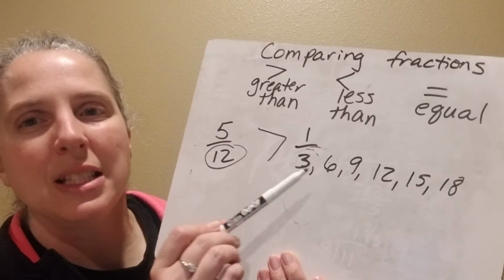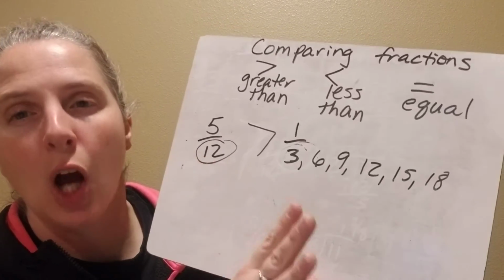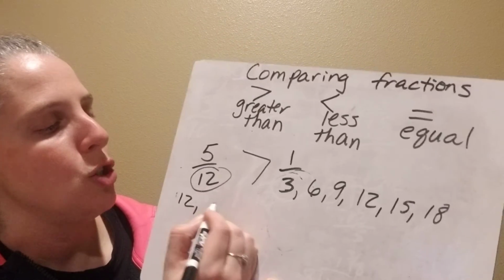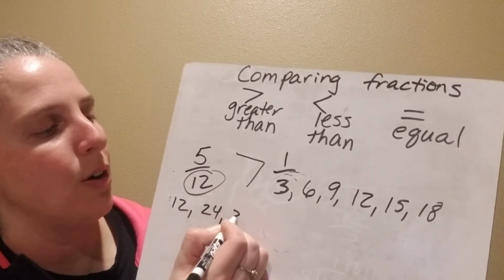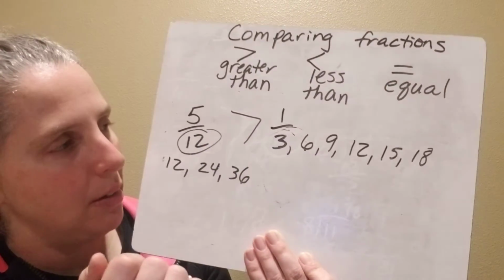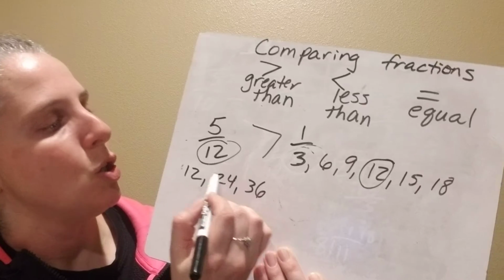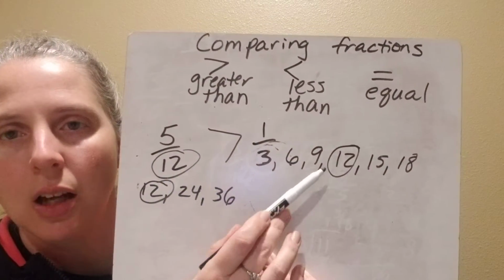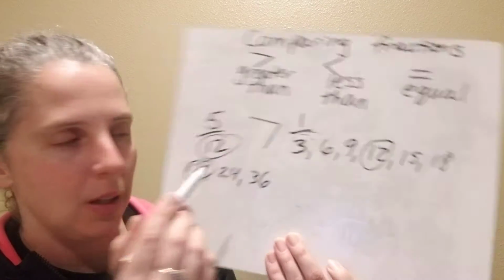What's the smallest number that they both have in common? If we were counting by 12s, we'd say 12, 24, 36, right? What's a number they both have in common? 12. So that's the lowest common multiple.